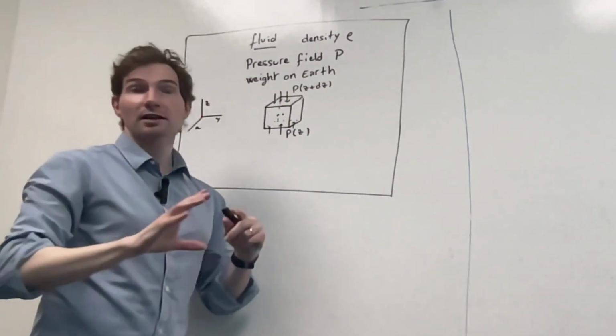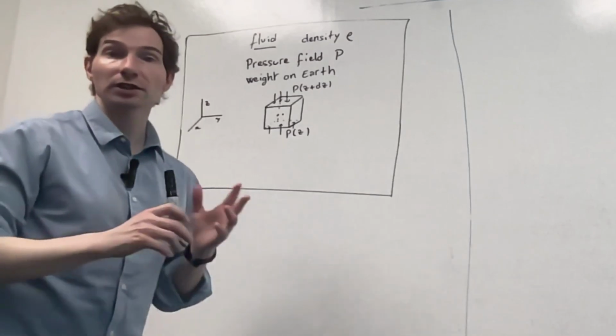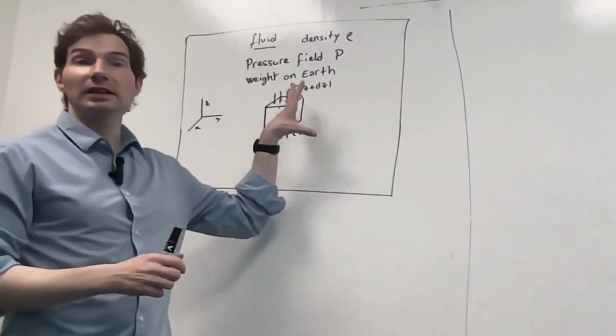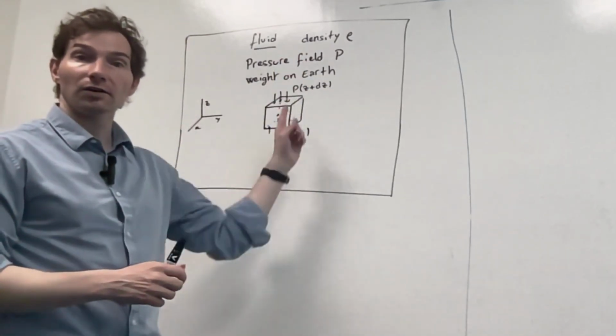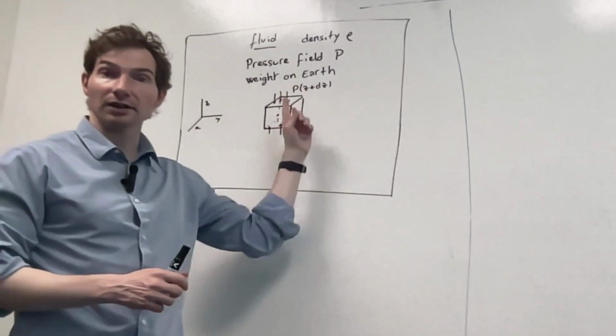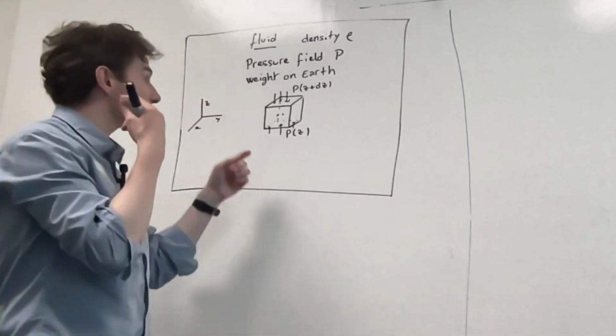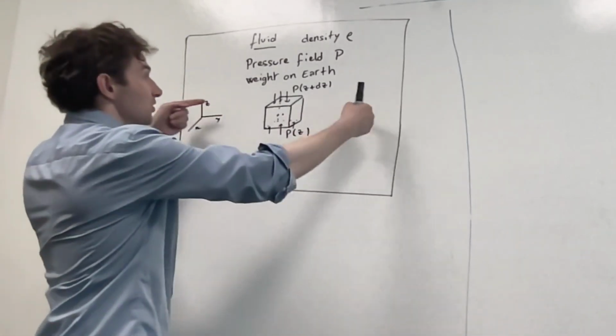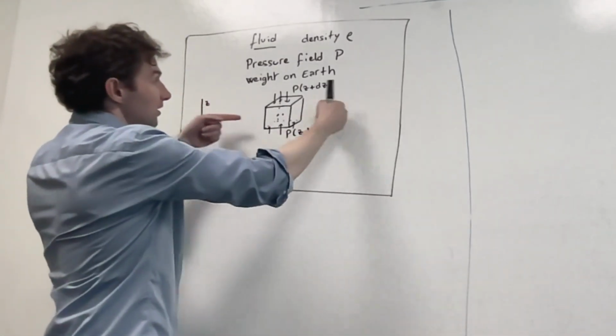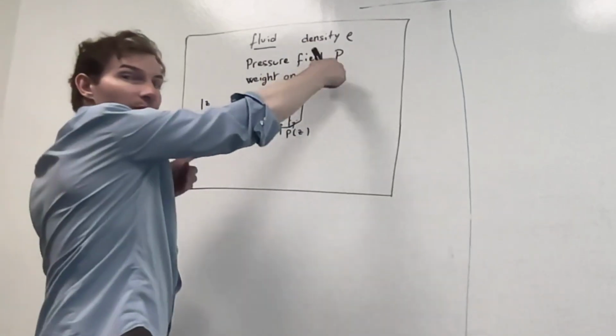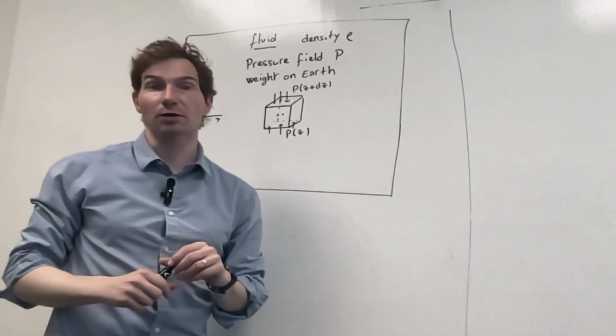But as I said, the pressure here is only going to vary in the Z direction, and basically as a result, there is a balance of pressure in these directions and also at the front and from the back.